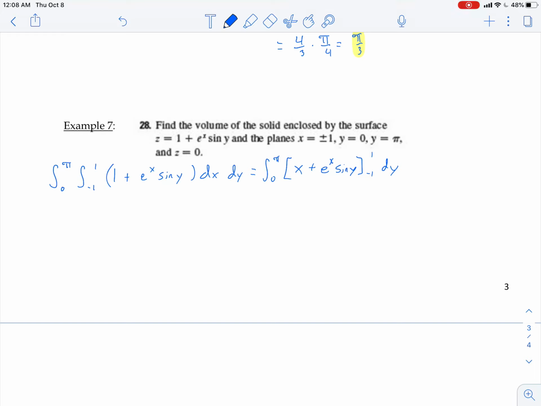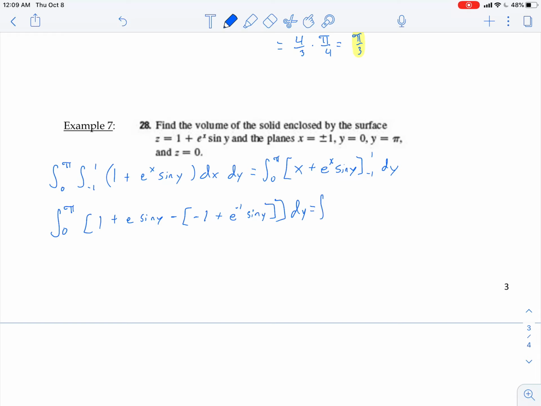And so it looks like we're going to have the integral from 0 to pi, plug in 1, get 1 plus e to the sine y, minus, plug in -1, you get -1 plus e to the -1 sine y. Gotta put a parenthesis there instead of using brackets, dy.